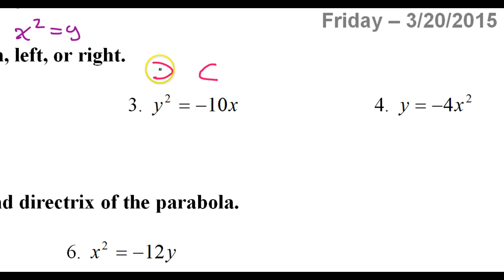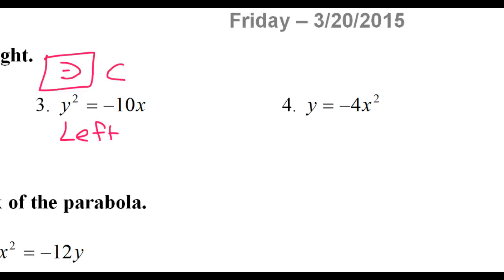Because it's negative, I know it's going in the negative direction, and if we're going left or right, left is the negative direction. So this will be a left-facing parabola. And for number 4, this is the normal y equals x squared that we're used to. So I know it's either going to be up or down. Because it's negative, I know it's going to be down.